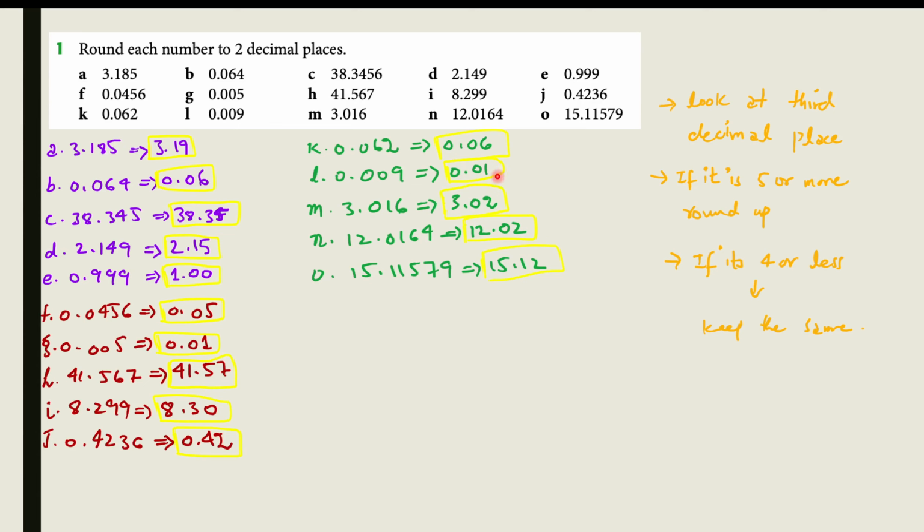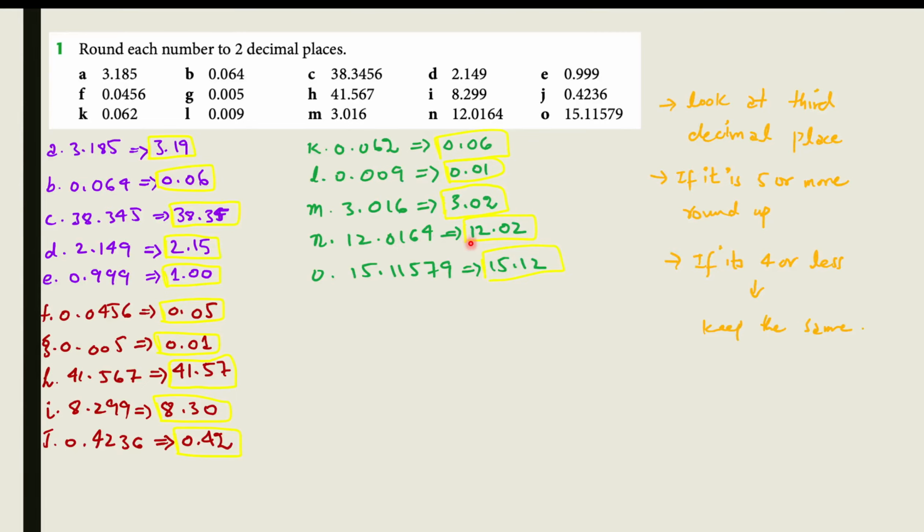So 0.01 is our final answer after rounding this number to 2 decimal places. 3.016. 6 is more than 5, so the second decimal place digit would increase by one number. We will get 3.02.